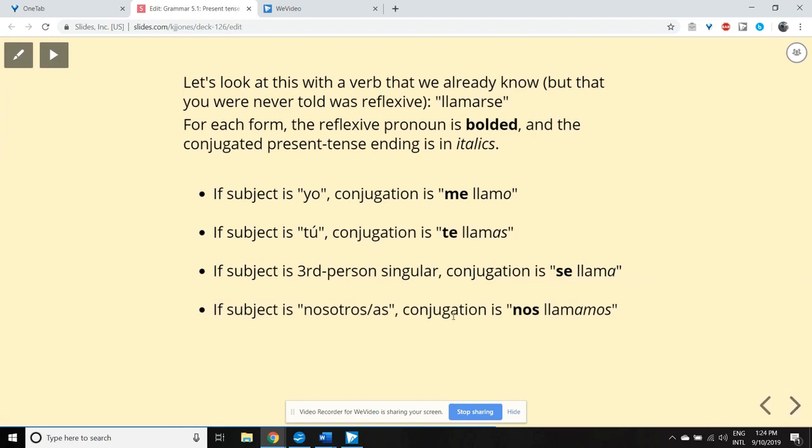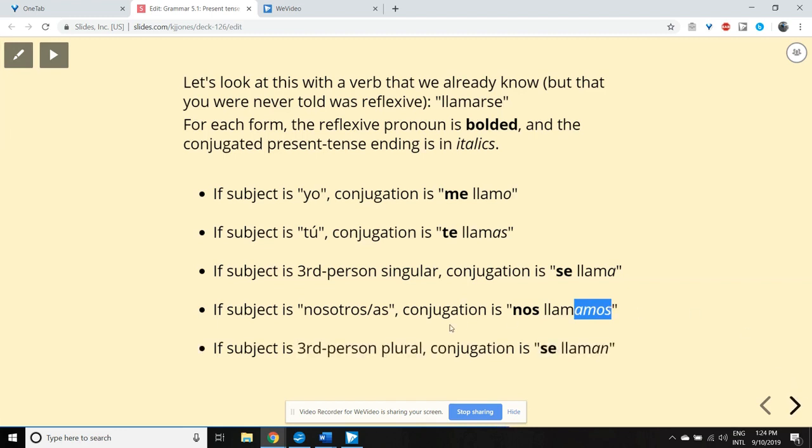If the subject is nosotros or nosotras, the conjugation is nos llamamos. Here's our reflexive pronoun nos, right? And here is our conjugated verb, again with one of our L's not highlighted, llamamos, right? It's just stem llam plus ending amos. That's how we make conjugated verbs, stem and ending, right?